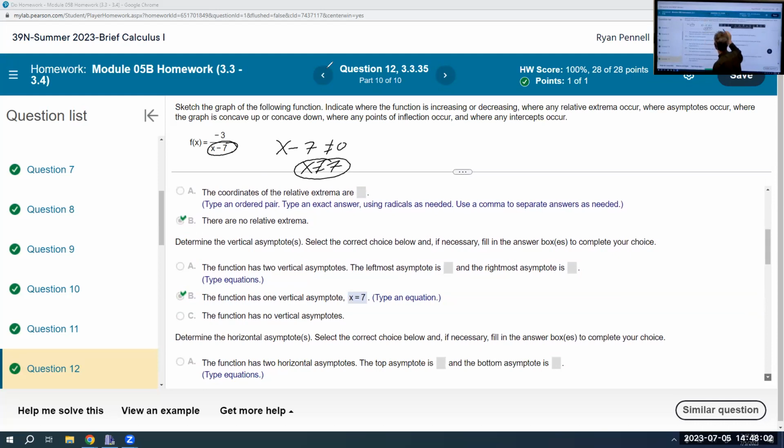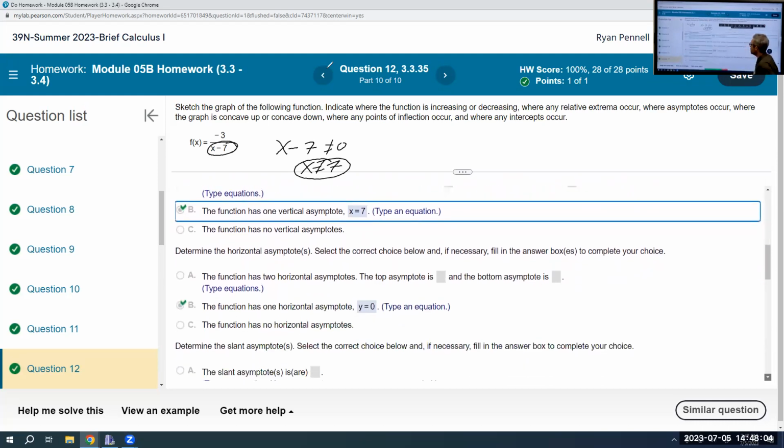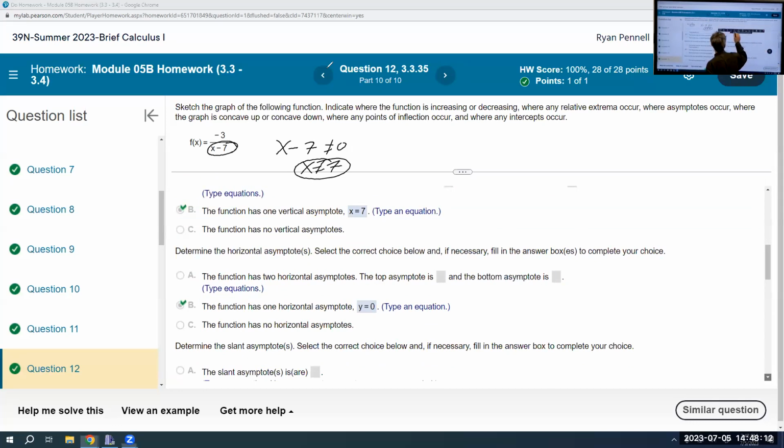Determine the horizontal asymptote. Select the correct choice below. If necessary, fill in the answer. Well, what is this tending towards? If f of x equals -3 over x, it's going to 1 over x. That's our base case, 1 over x.